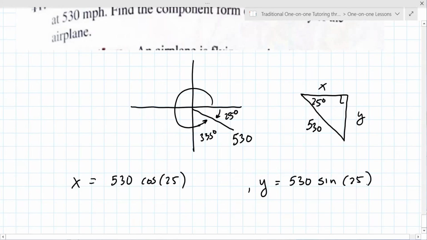However, there's a negative with the y because it's going down, but x is going to the right. So you get those numbers, but for this one you're going to negate whatever the number is.